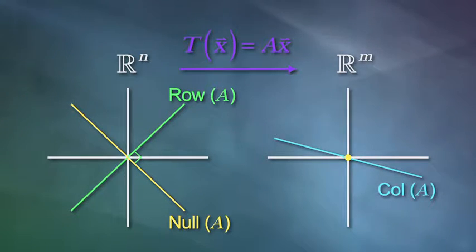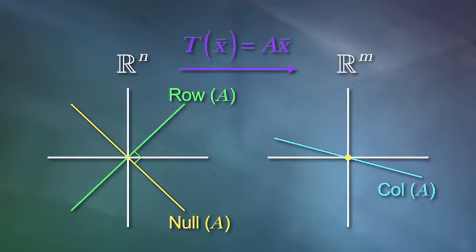Multiplication by A takes everything on the yellow line on the left and maps it to the origin, the yellow dot in the right picture. Also, the entire picture on the left, representing all of R^n, gets mapped to the blue line on the right, which is the range of the linear transformation T.